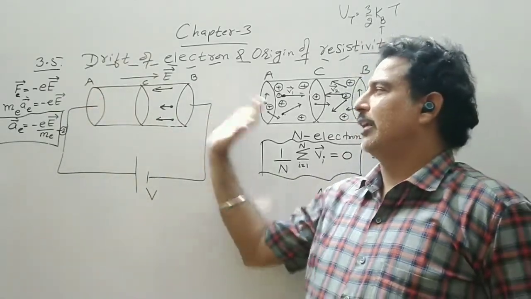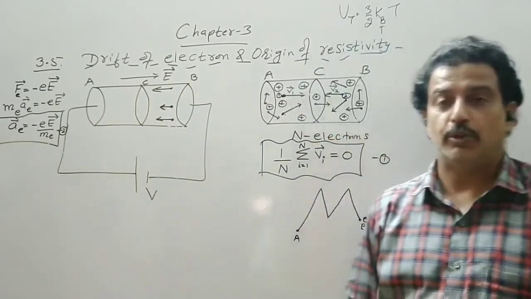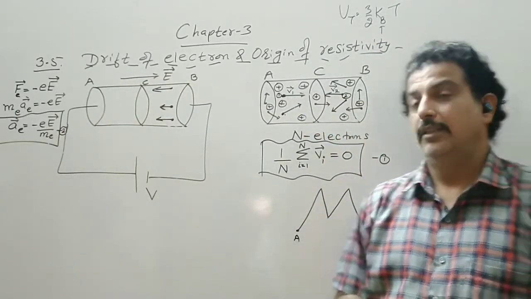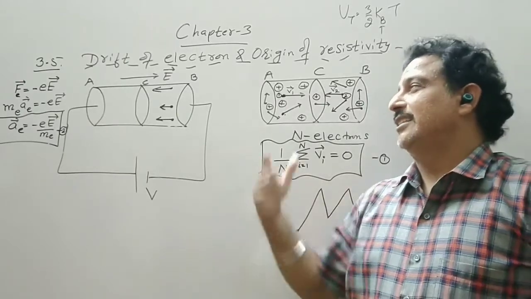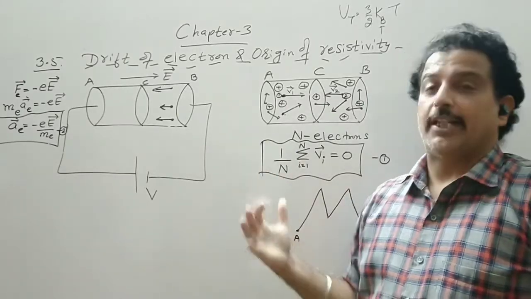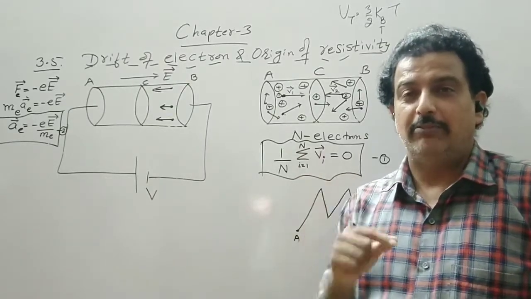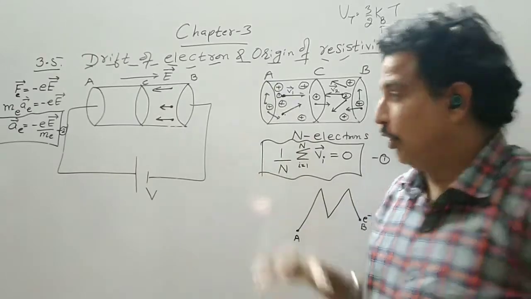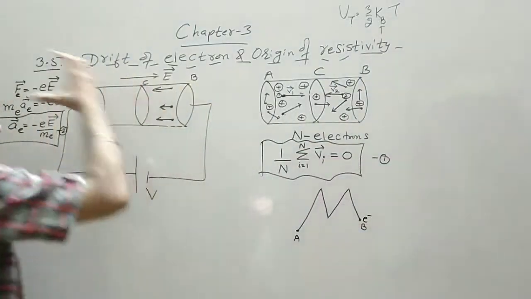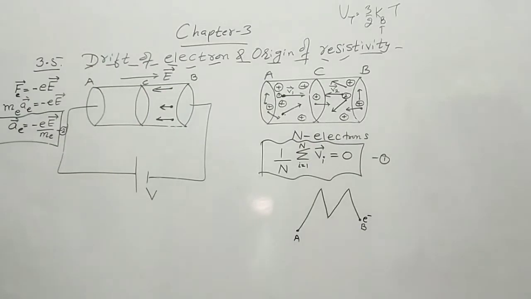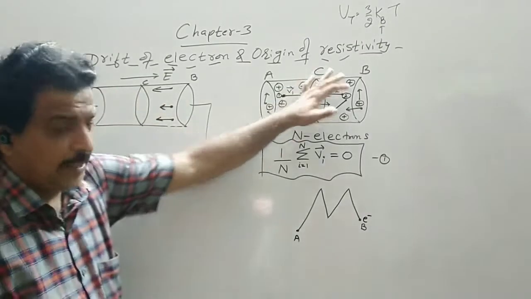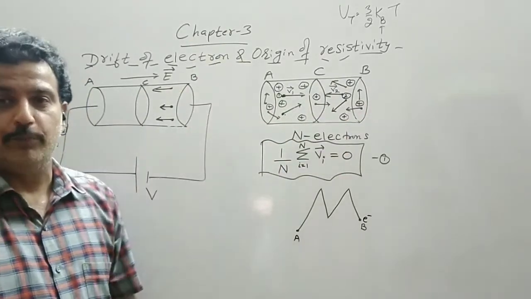So here the electron is opposite to the direction of the positive charge or conventional current. Then we said that these charges will not move all together throughout the journey. Now we will see why they will not move all together. So their tendency is to move in a straight line all together with a constant velocity, or this acceleration is constant. Now there are also ions which are oscillating about their mean position.